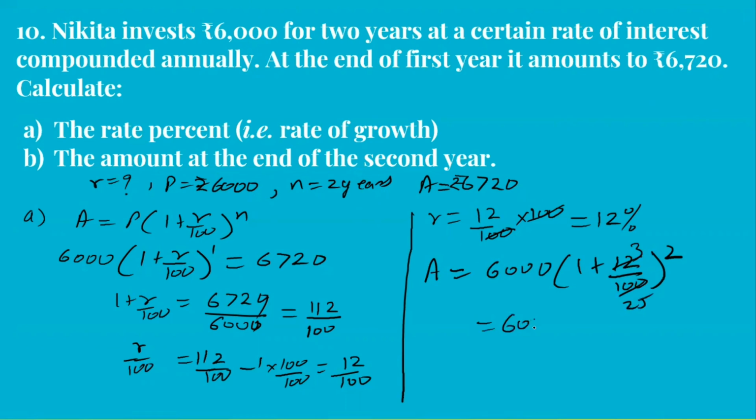So you get 6,000 into 25 plus 3 is 28 upon 25 raised to 2. So into 28 upon 25. Simplify this. Okay. And you get this as rupees 7,526 and 40 paise.